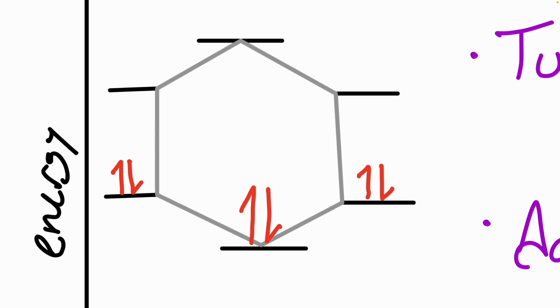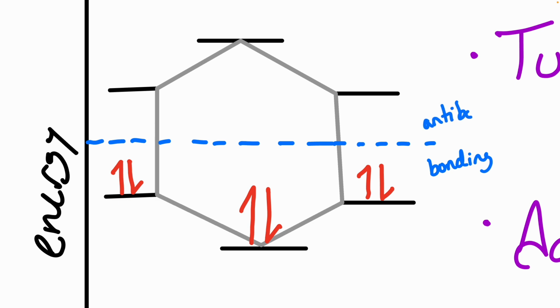All right, remember, half of our orbitals that we've created are low energy bonding orbitals. The other half are those high energy anti-bonding orbitals.